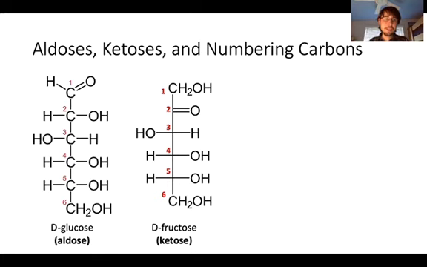The reason that carbohydrates to fit the CnH2nOn formula perfectly need these carbonyl groups, either as an aldehyde or a ketone, is that if they were fully saturated with hydrogen, so like if this was a hydroxyl instead, then this carbon atom would have a total of 3 hydrogens bound to it.